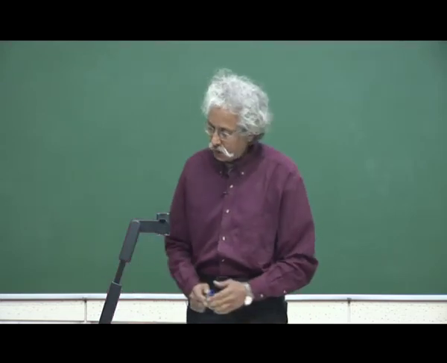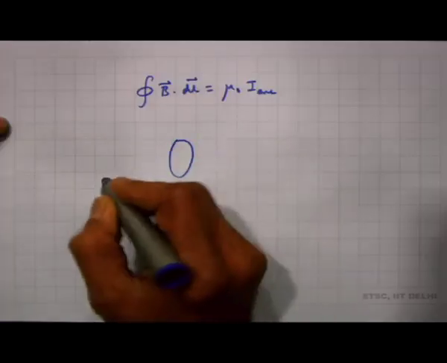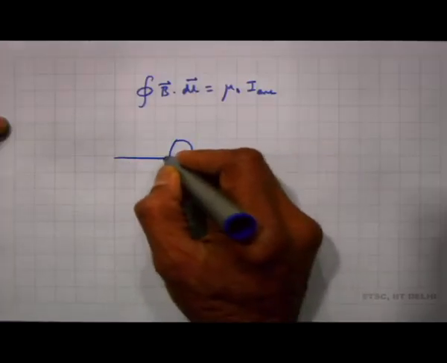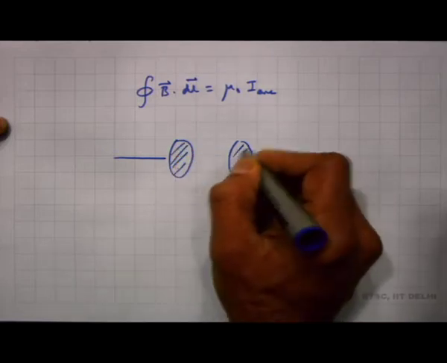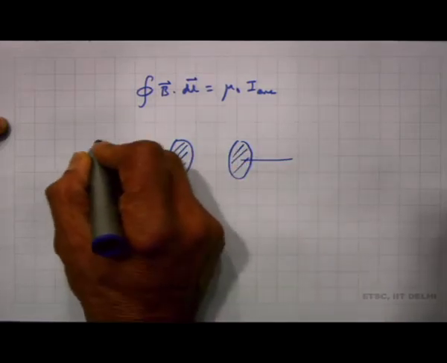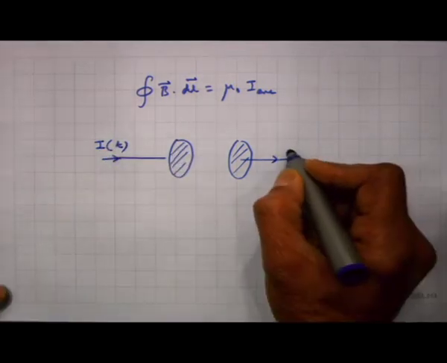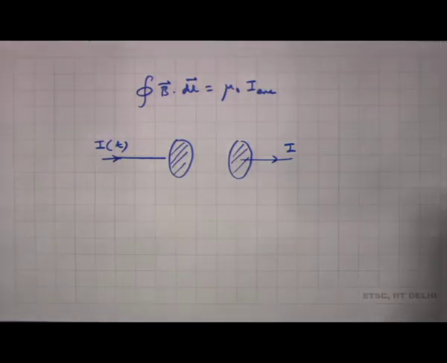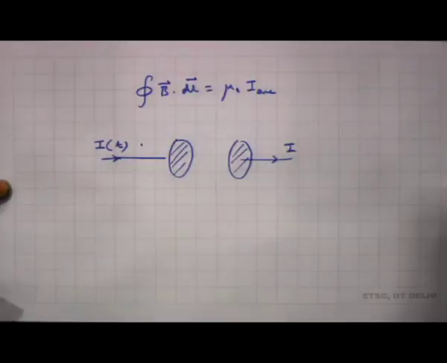To show this, what we had done was we had taken a pair of capacitor plates here and we look at charging of the capacitor. So, there is a current flowing in as a function of time and charges the capacitor plates. The objective is to find out what is the magnetic field, say at this point.